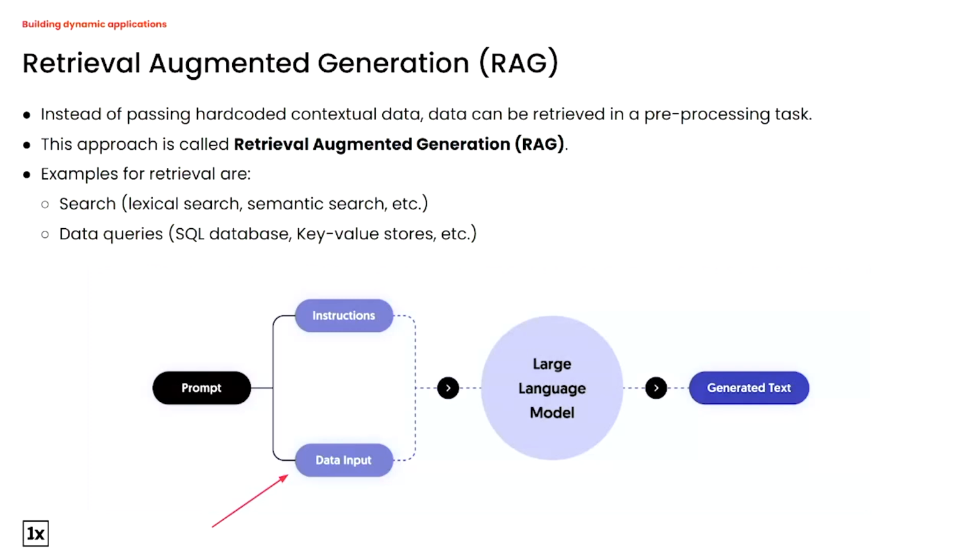So for retrieval, there are 2 things you want to pay attention to. Retrieval can be search, but it can also be anything. For example, think about a support bot for an e-commerce store, or what we discussed earlier, a student support portal.